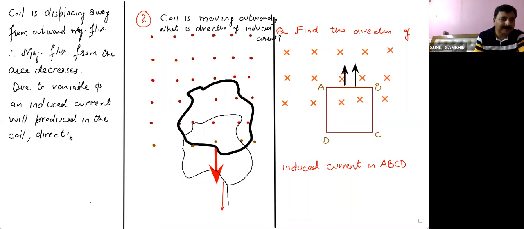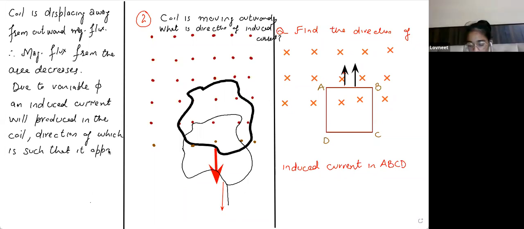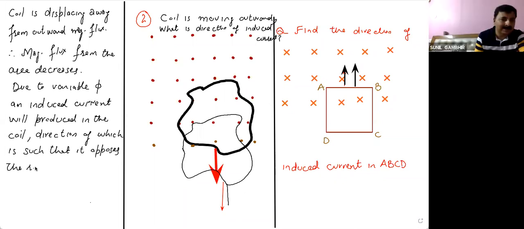Direction of which is such that it opposes the reason of its production.